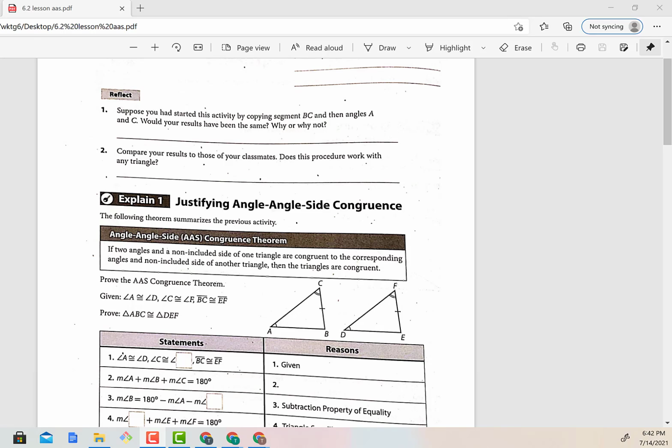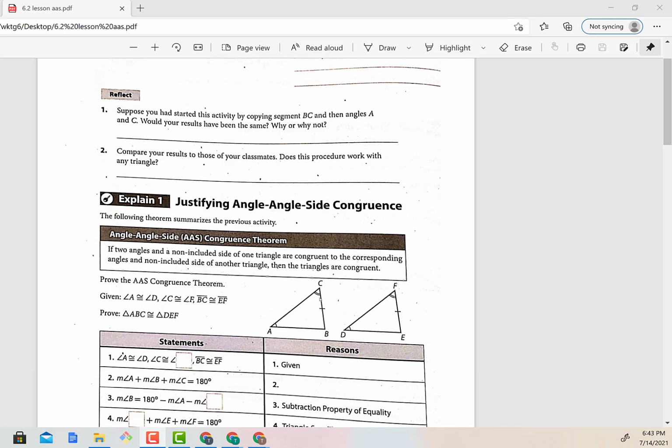So in this problem, we have triangle ACB and triangle DFE. We're trying to prove those two triangles are congruent. They give us the following information. Angle A is congruent to angle D. Angle C is congruent to angle F. And segment BC is congruent to segment EF.